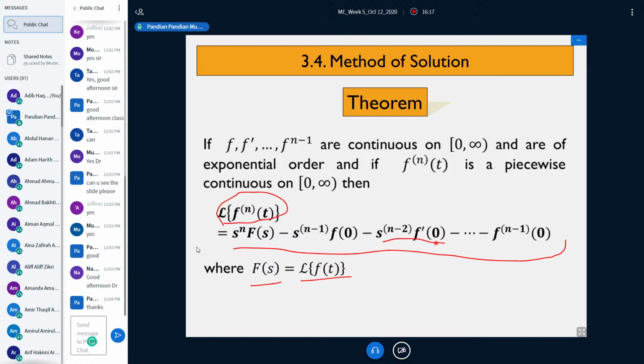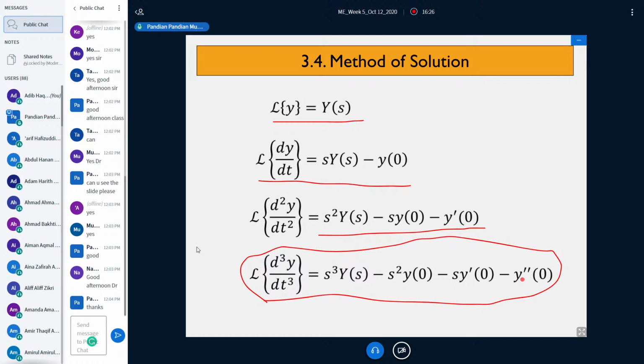The next one is f, after f dash, f double dash, n minus 3. So n minus 3 is 0. So your Laplace of d cube y/dt cube is s cube Y(s) minus s squared y0 minus s y dash 0 minus y double dash 0. So all these y double dash 0, y dash 0, y0 are initial conditions.